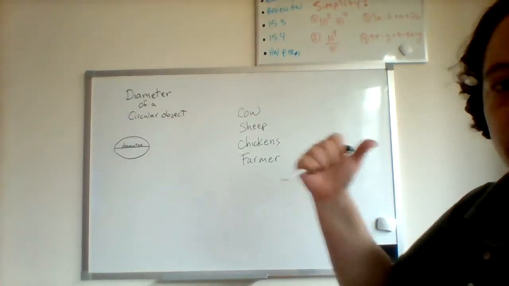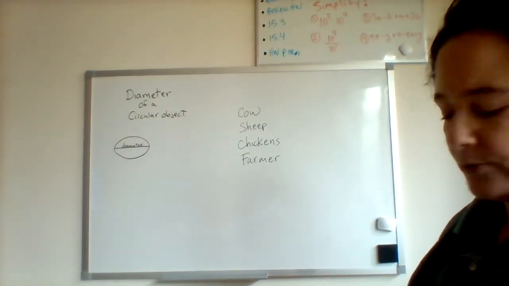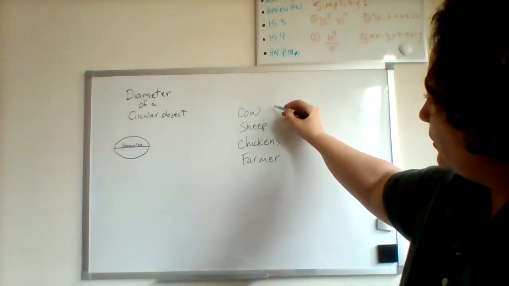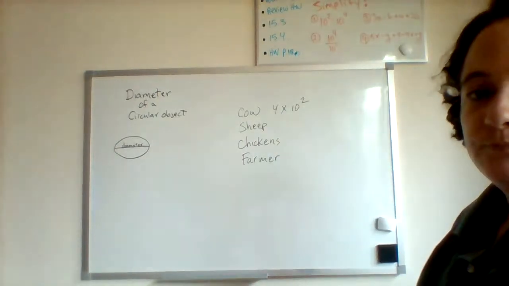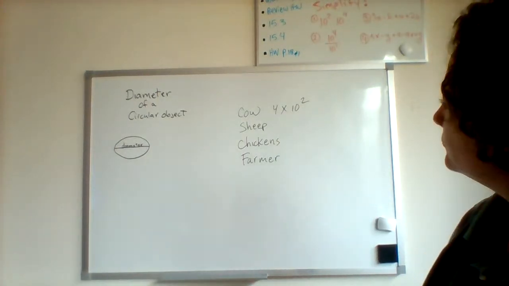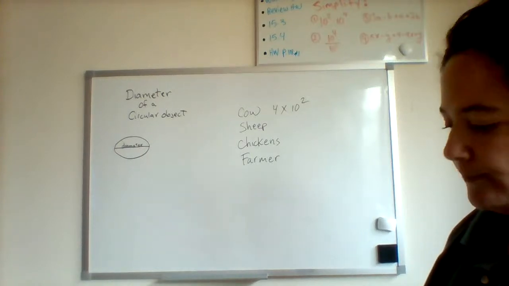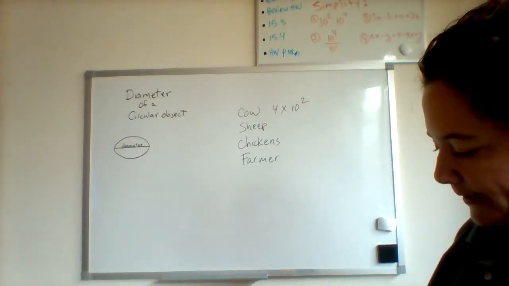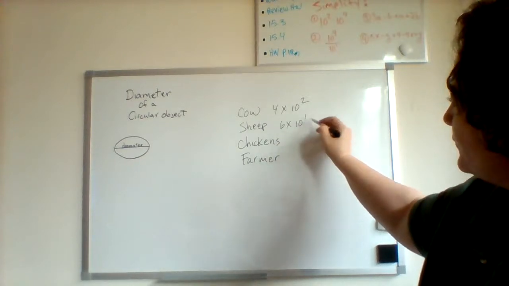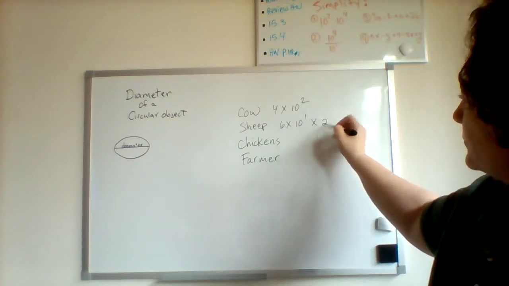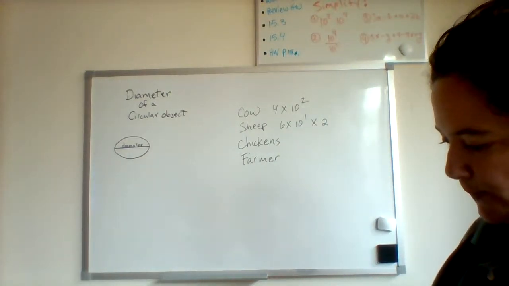Right now, the cow is listed. Make sure you're looking on the far right column. I almost put down the wrong number. You should be looking at 4 times 10 squared. And there's only 1 cow. Now, they're saying that there's 2 sheep. So 6 times 10 to the first power, but you have 2 of them, so you have to multiply it by 2.